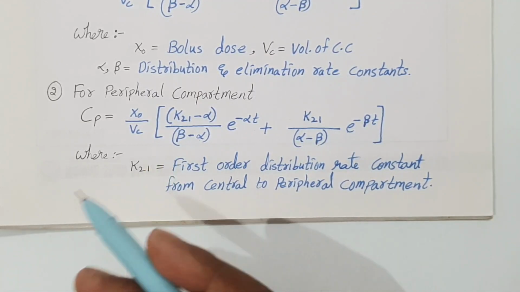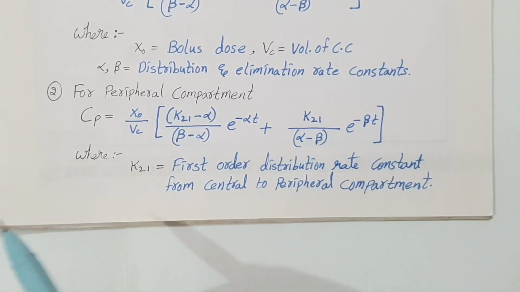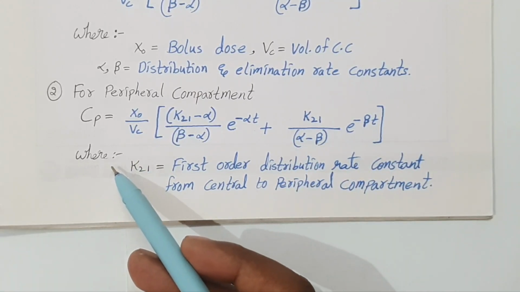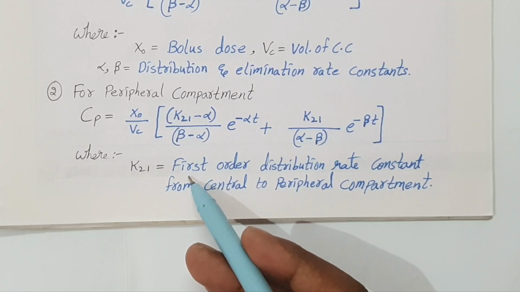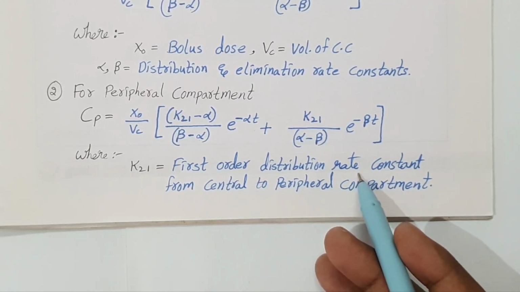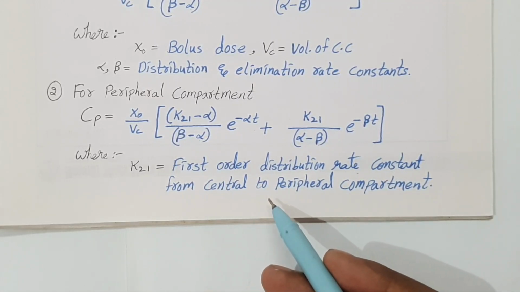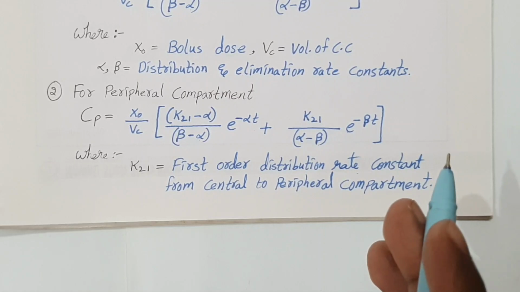Remember with the same logic. Here K21 equals the first order distribution rate constant from central to peripheral compartment.